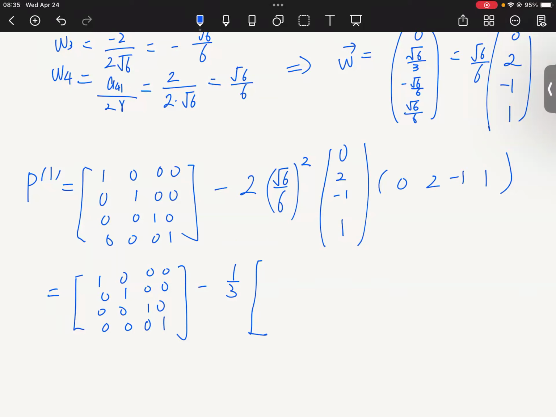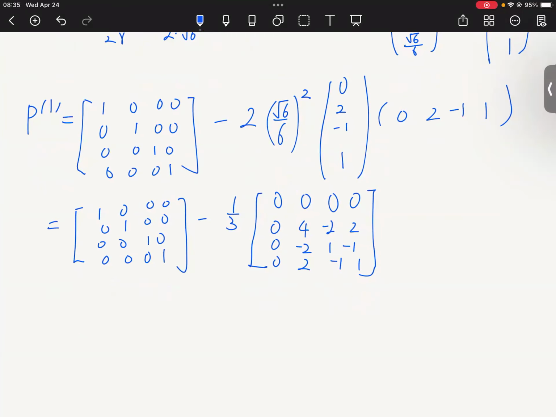Just do the vector multiplications to get the matrix here. The first row is all zeros, and then for the second row I have zero, and then 4, -2, 2, and then zero, and then -2, 1, -1, 0, 2, -1, 1. I just gave the detailed analysis, but now you will see something happening here.